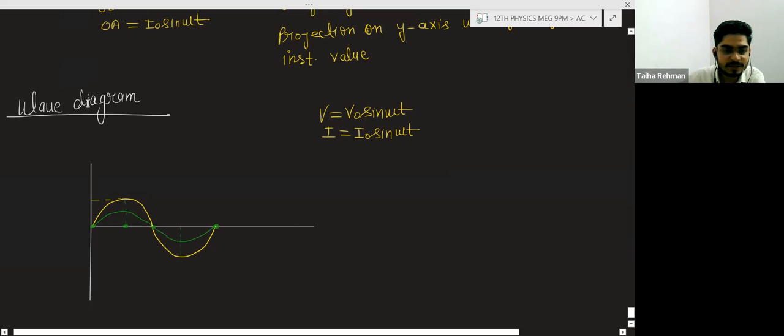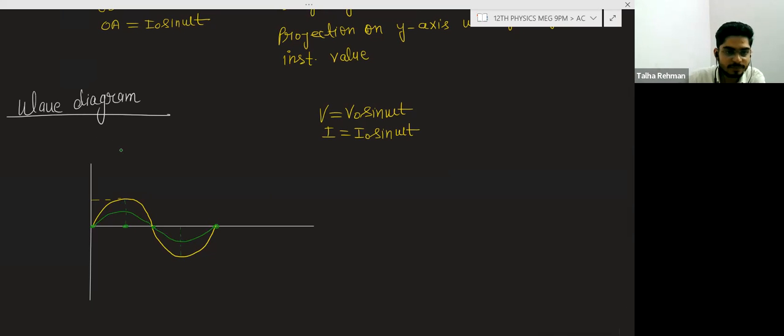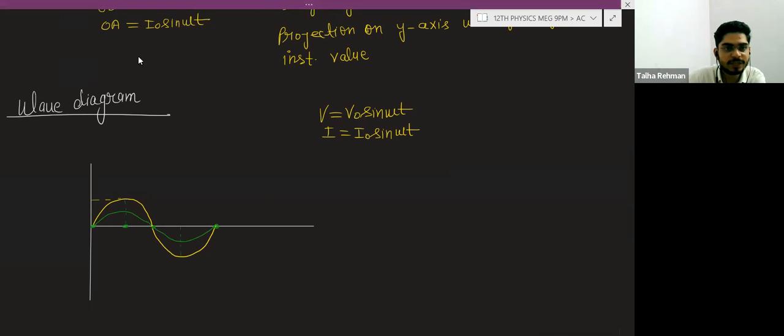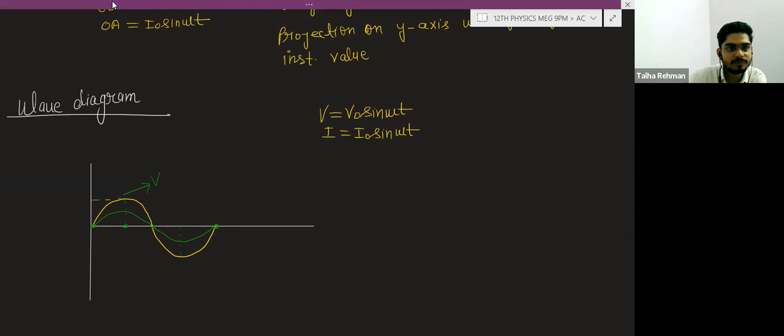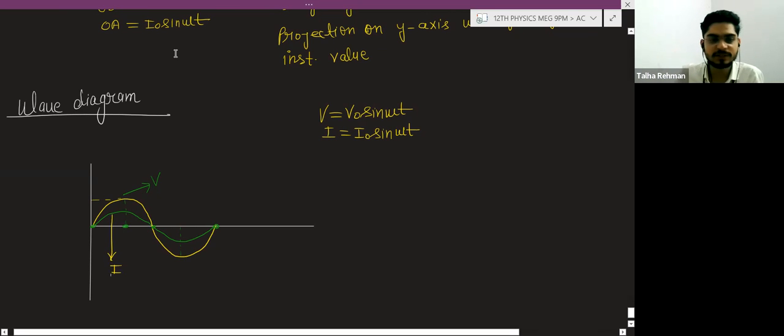This yellow diagram is for voltage, V, and this green diagram is for current, because the magnitude of the current is somewhat less than the voltage.